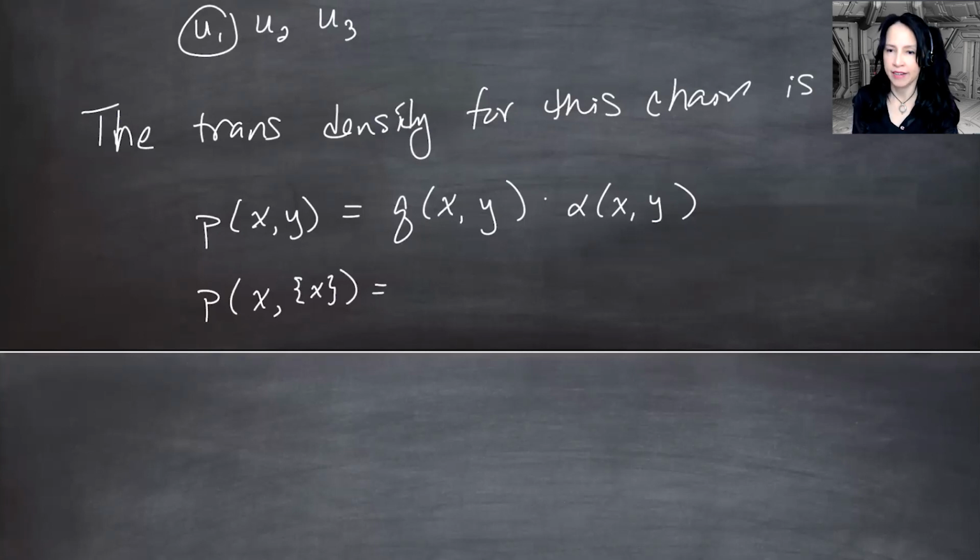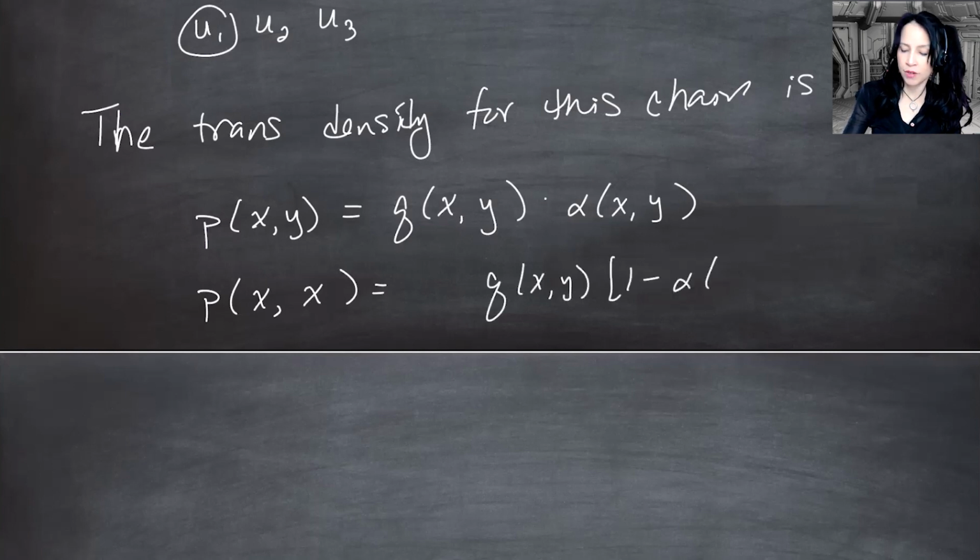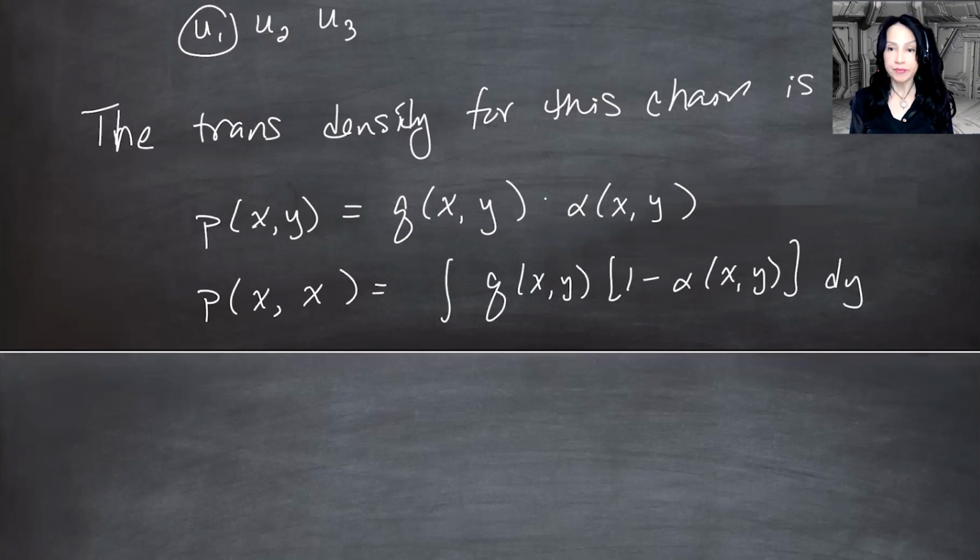This is not exactly a PDF. There is some positive probability of staying: starting from x, what is the probability you are still at x? This is actually a probability and not a PDF. So you were at x, you proposed a y, you failed to accept it, so I multiply by 1 minus the acceptance probability, and then integrate over all the y's you could have proposed.